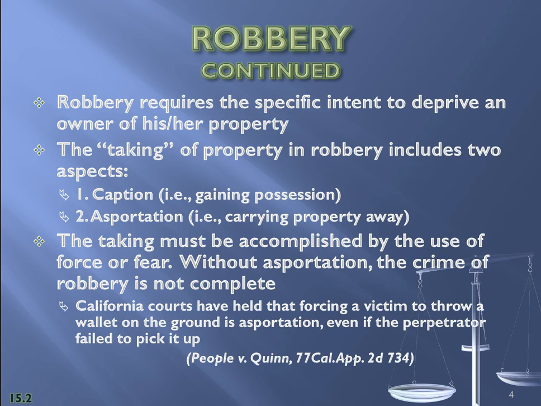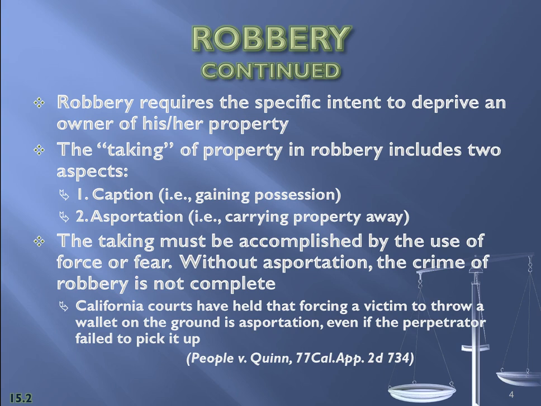Now, when you talk about the elements of robbery, robbery includes as a necessary element the specific intent to deprive the owner of his or her property. And the crime must also include that word that we talked about in a different chapter called asportation.